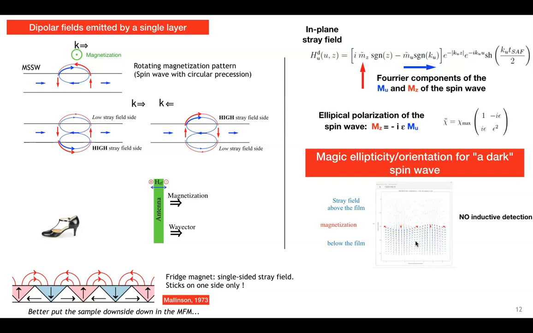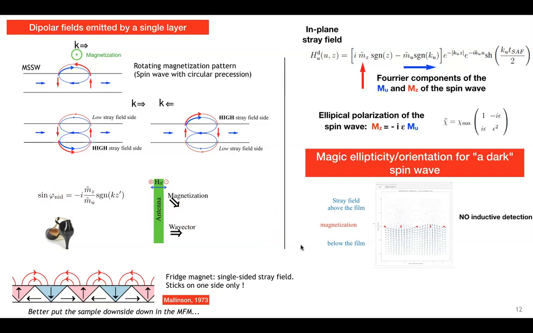But this depends on your magnet, and you may not be able to have a magnet with an ellipticity of the precession that is 1. But the other choice is to rotate the magnetization with respect to the antenna, so that you reduce this component by sine of phi. And in this case, you can select an angle so that the spin wave is seen like a fridge magnet, and doesn't emit stray field.